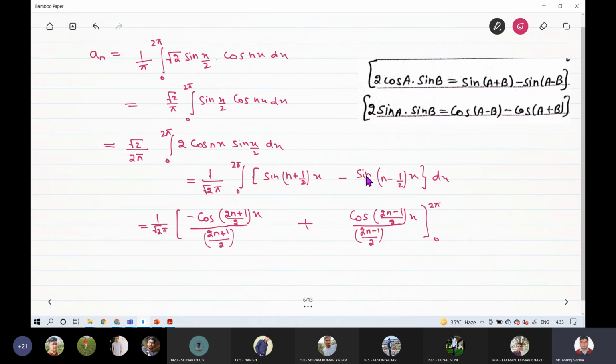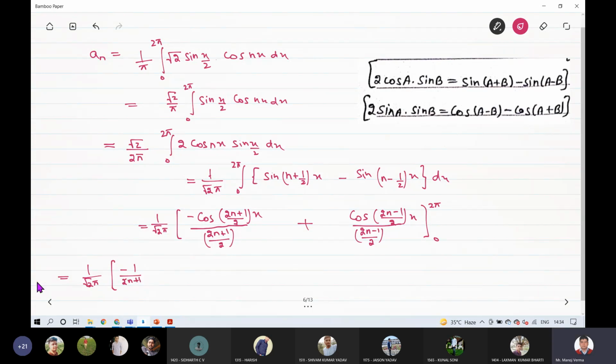See, the integration of this sine function will be minus cos, but that minus and this minus, I am converting into a positive. But for this minus, this will remain a negative sign here. So for this, what I can do is 1 over root 2 pi, minus 1 divided by 2n plus 1.